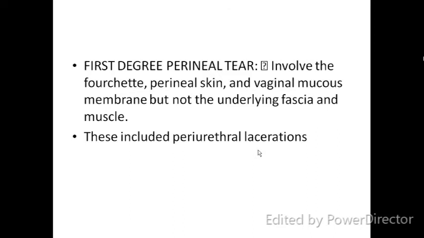But sometimes the head comes with extension, so it causes urethral injury also, periurethral injury. When the baby comes with extension, we are giving proper support in the perineum area, but as there is no space, the head will cause injury to the periurethral part, that is periurethral lacerations.